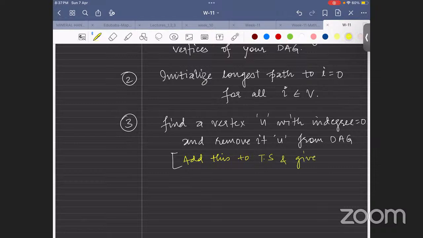In the first step, it will always be assigned 0, because if you are starting from a vertex and asking what's the longest path to reach that vertex itself, it will always be 0, right? So that's why we assign 0 to the vertex from where we are starting. So give longest path to u. That will basically be 0 in the starting.